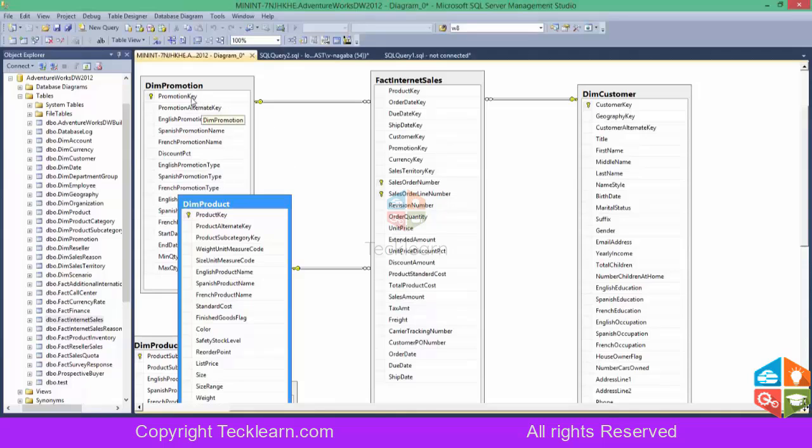When we are loading keys, all this product information can be brought by product key. When you join these two tables with customer key, you can get the customer information for a transaction value. These keys which are generated are not part of your OLTP keys. OLTP, online transactional processing, will also have its own keys and primary keys. Those are not these keys.